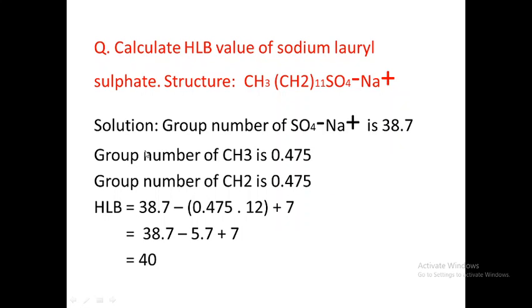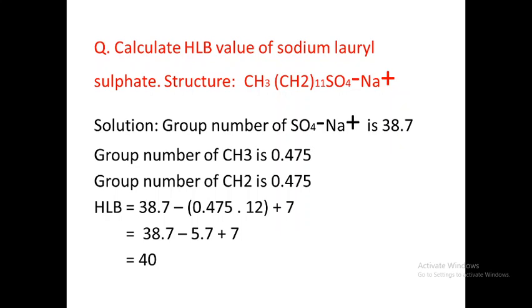So this contributes to the lipophilicity, whereas the group number of the sulfate sodium ions is 38.7, right. So this 38.7 group number of these ions contributes to the hydrophilicity of a surfactant.